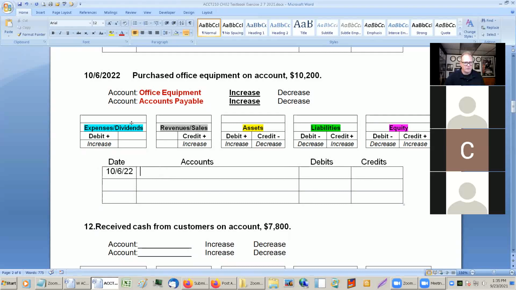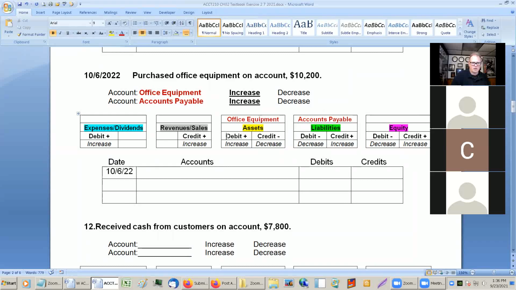Okay, so we have office equipment. We also have accounts payable. And these are both going up. We have more equipment, but we owe more money over here.